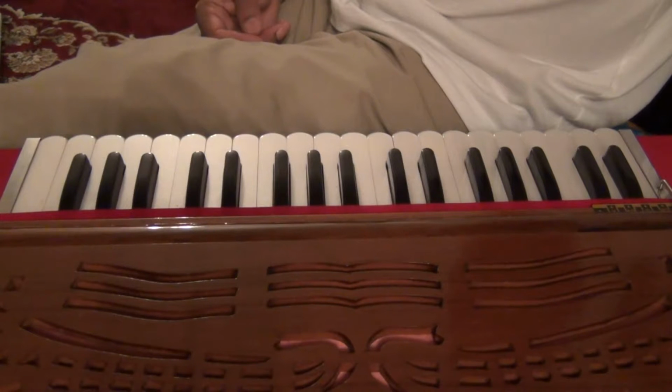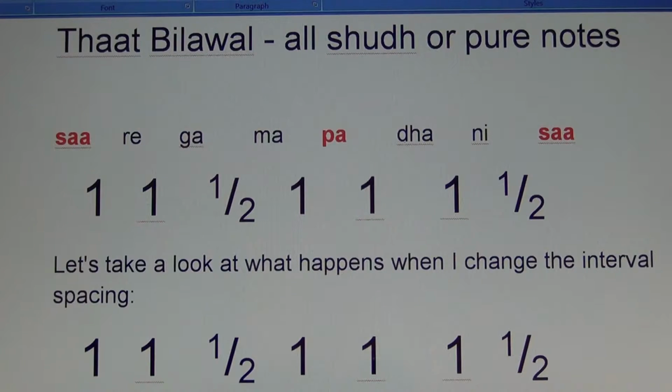Now I would go straight to my graphic which I've used in the last lesson. So let's do that first and then we'll come back to the harmonium. We refer back to Thaat Bilawal again.